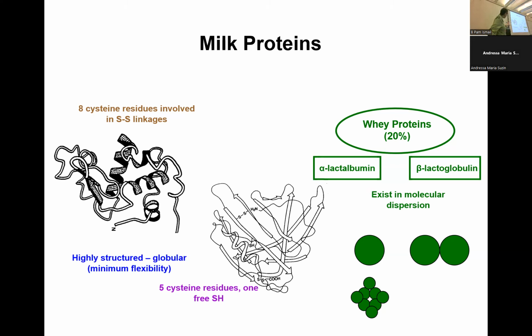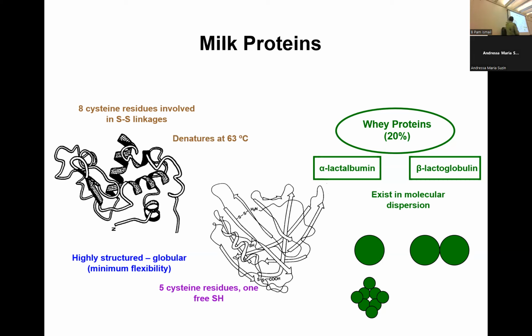So they're both highly structured globular structures. In beta-lactoglobulin you have a lot of beta sheet, 1 alpha helix, some beta turns, and not a lot of random coil. So it's a very ordered, structured globular protein.